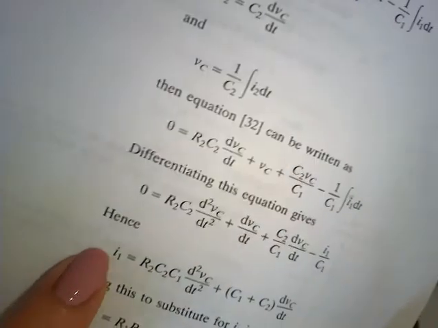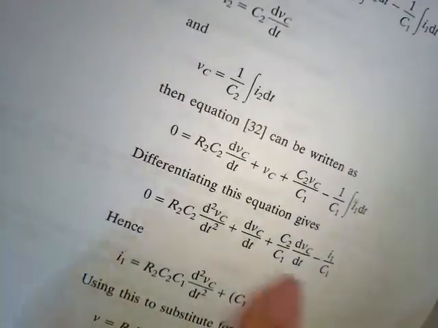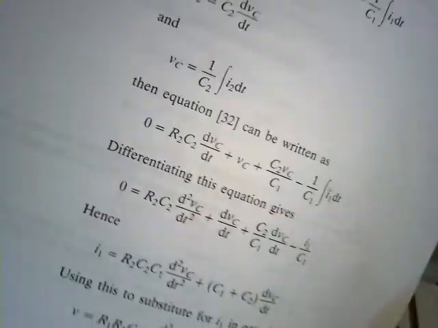So now we are going to replace or substitute I1 with this value, and then we take it from there. If you're confused about what I'm talking about, you can go and check my previous video, and hopefully then it will be a little bit more clear what exactly I'm talking about here.